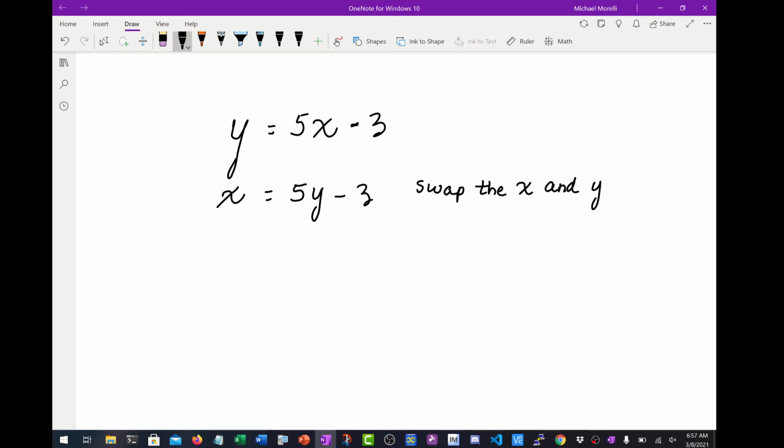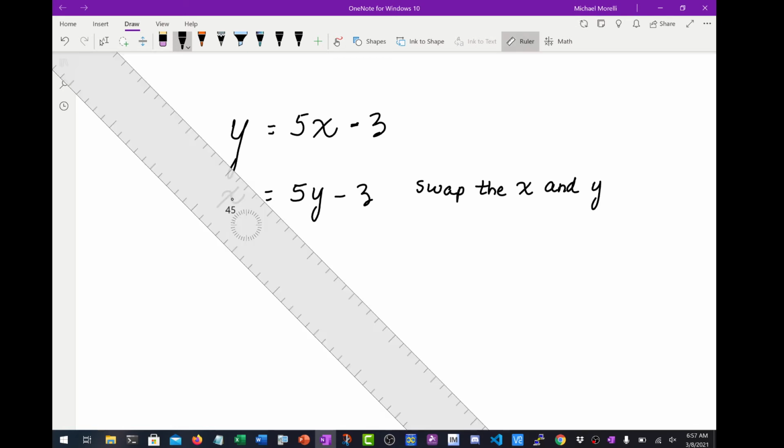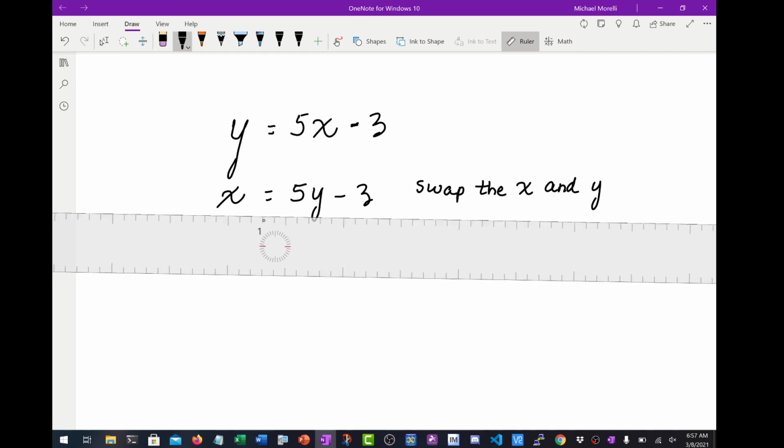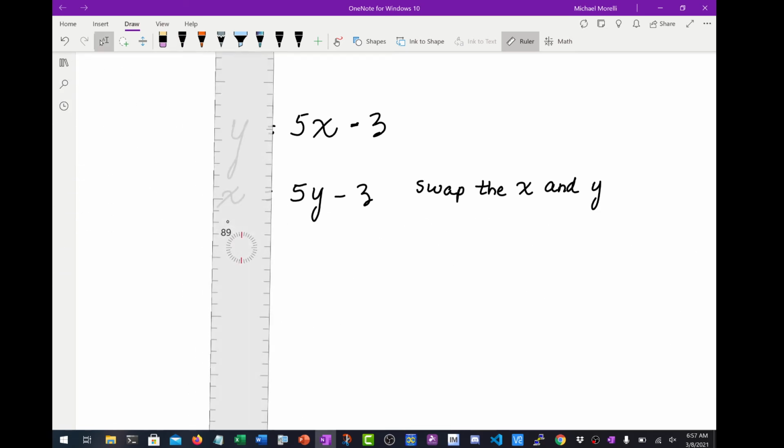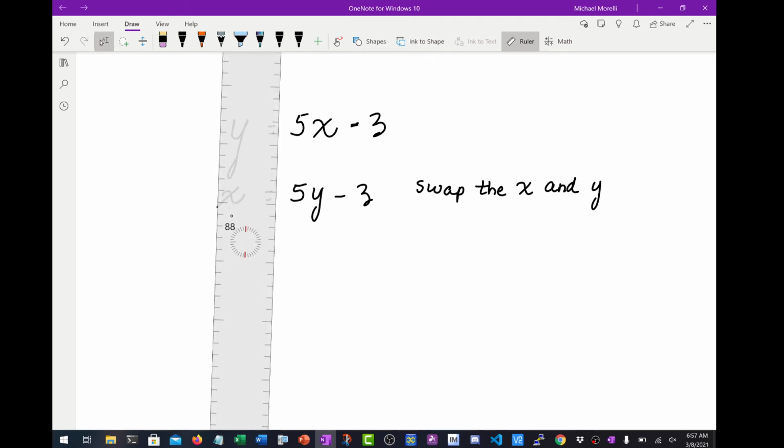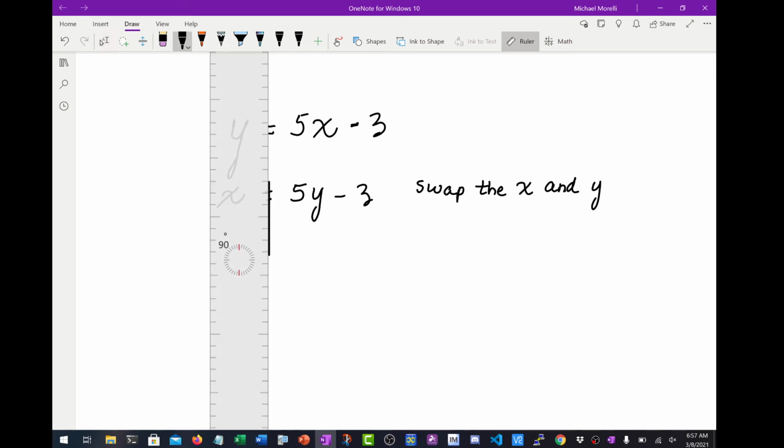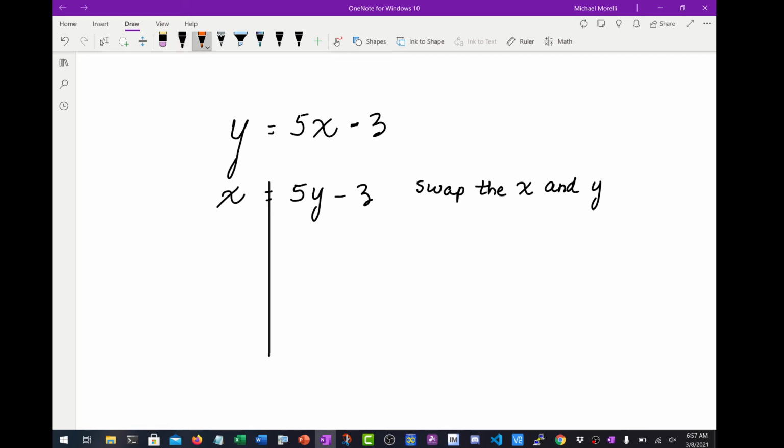And now we're going to solve for y again. Okay, so let me draw our line through the equal sign. So now what would I do to solve for y? Maybe do plus 3 on both sides.